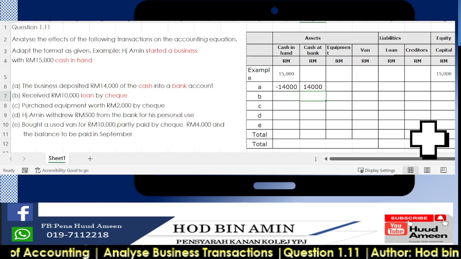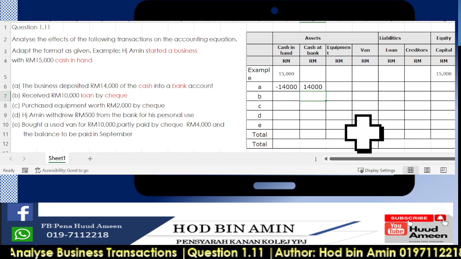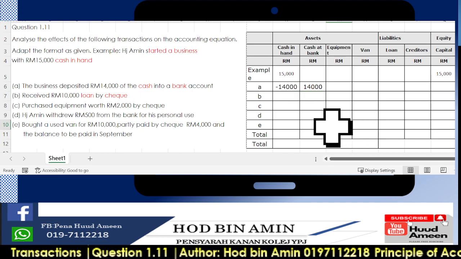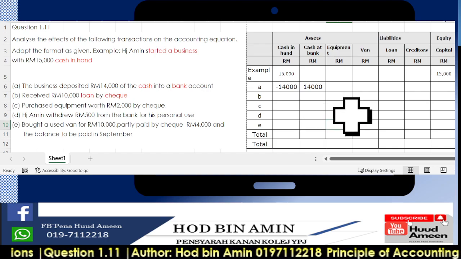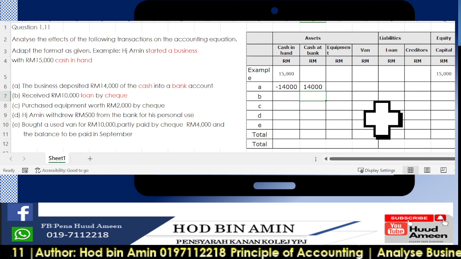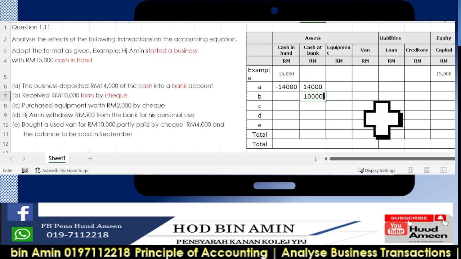For loan, 10,000 loan, cash at bank 10,000. So our money in bank will increase by 10,000. Increase is a positive sign.